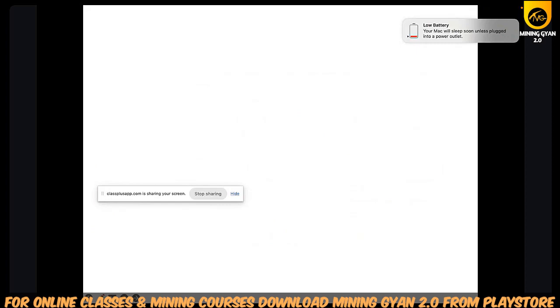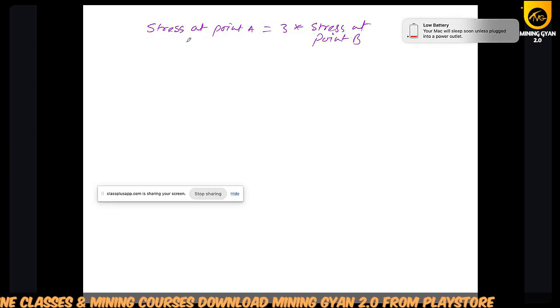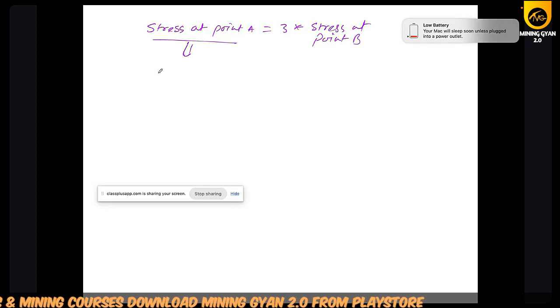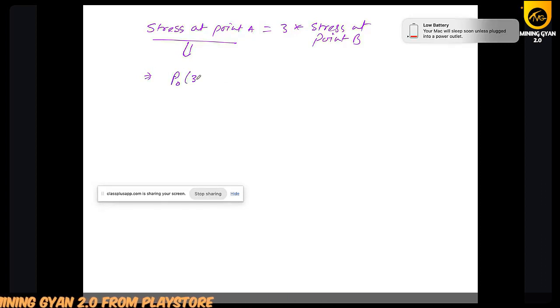Then you can equate both of them. We know the stress at point A should be 3 times the stress at point B. So the stress at point A is 3 minus K, and equal to that, the stress at point B we had found out.